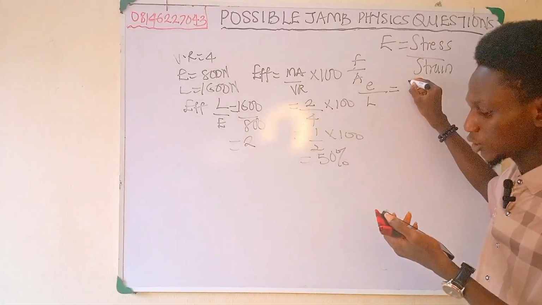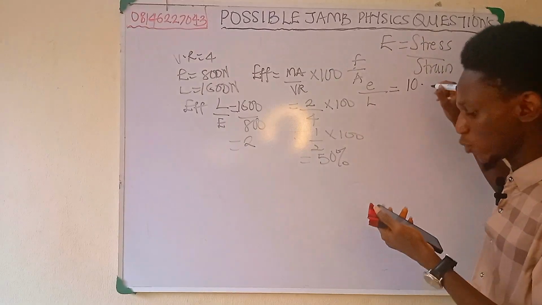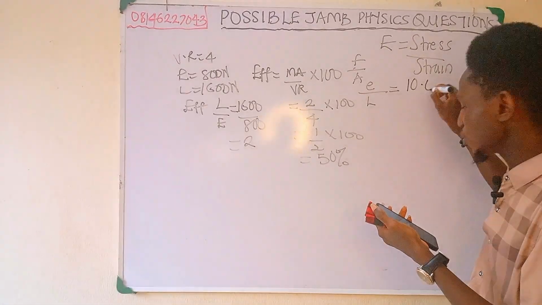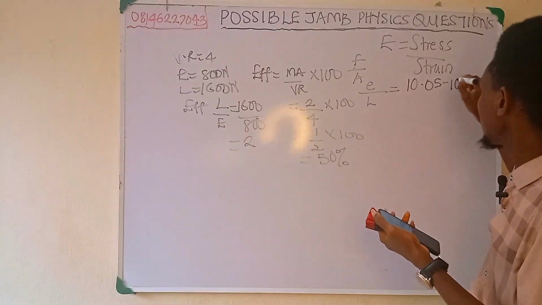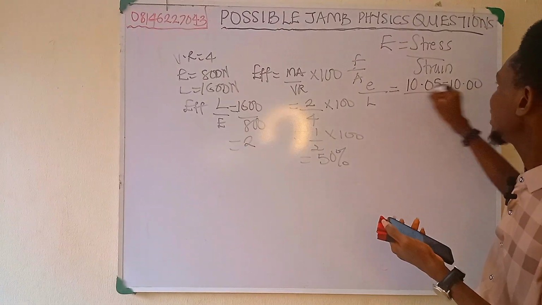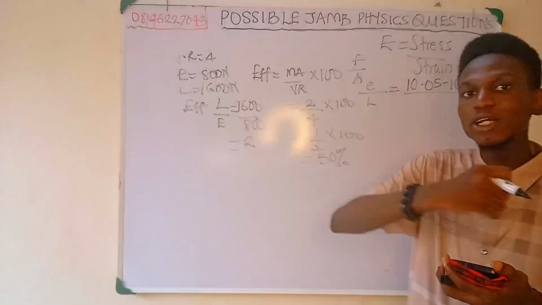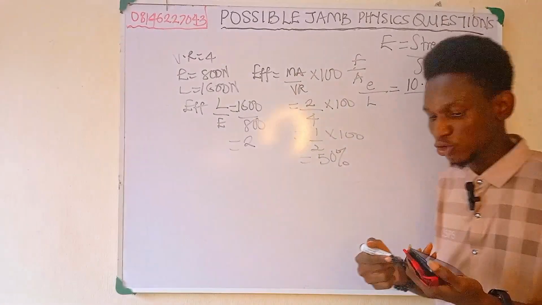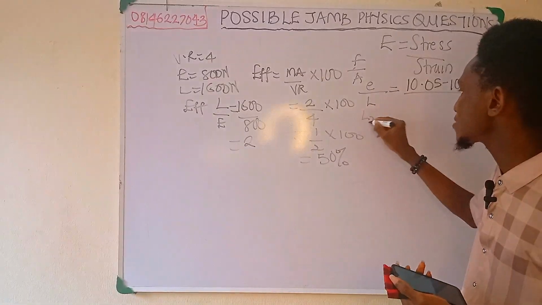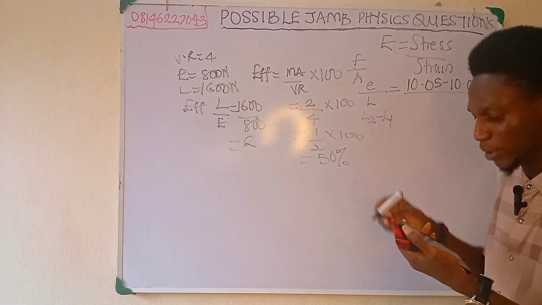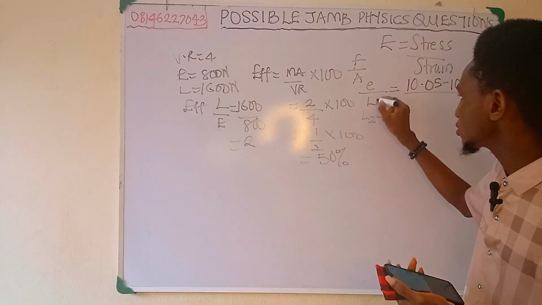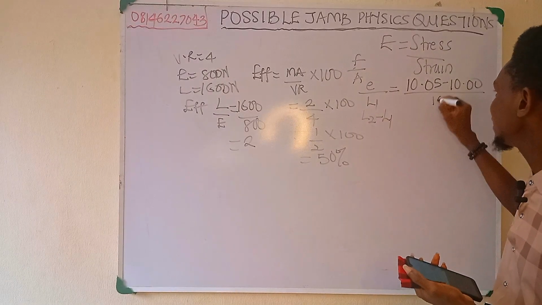So let's do it. What is the extension? 10.05 minus 10.00. Extension is the degree of deformation, that is final length minus initial length. Hope you understand. The original length, L1, is 10.